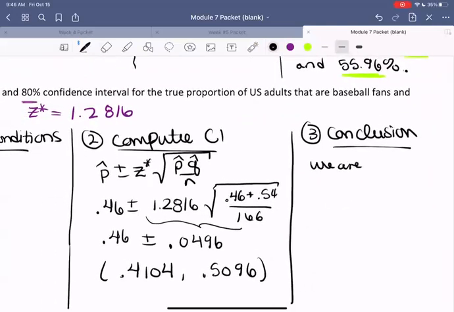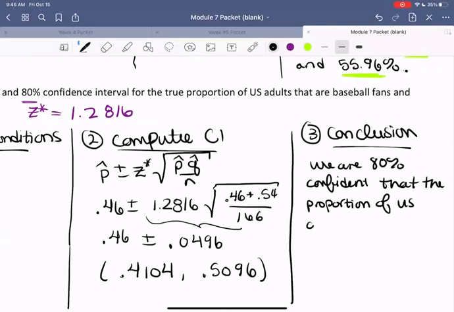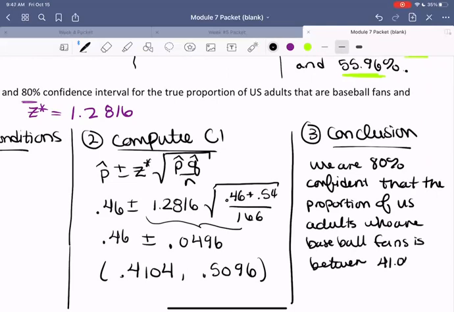We are now 80% confident that the proportion of US adults who are baseball fans is between 41.04% and 50.96%. Awesome, great work.